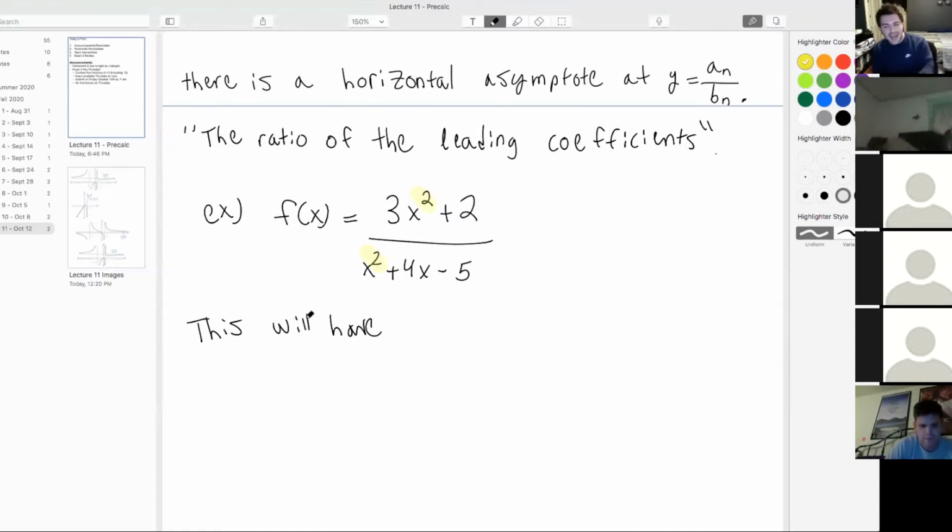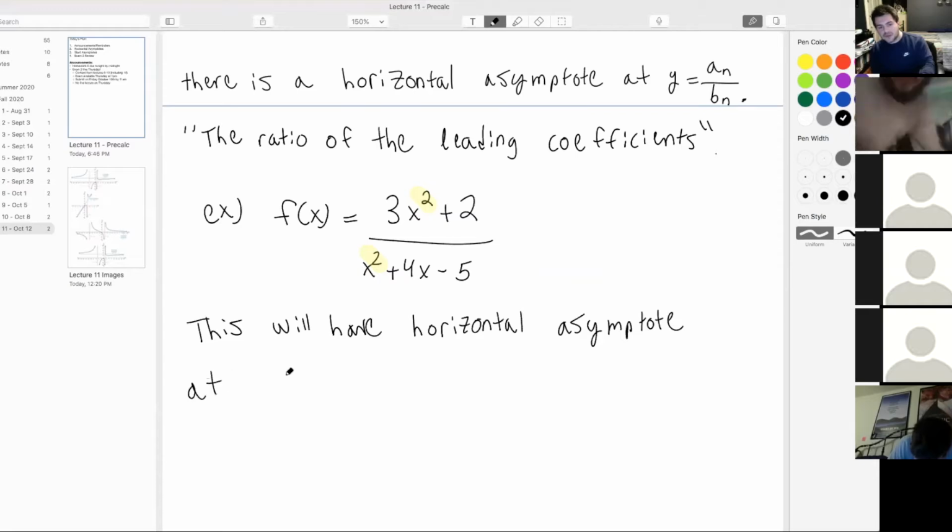So this will have a horizontal asymptote at, you just take the ratio of the leading coefficients. Would someone like to tell me the ratio of the leading coefficients?